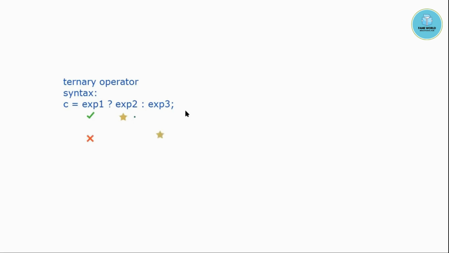As we have taken here c equals a greater than b, then the question mark, then a colon b. So what will happen?